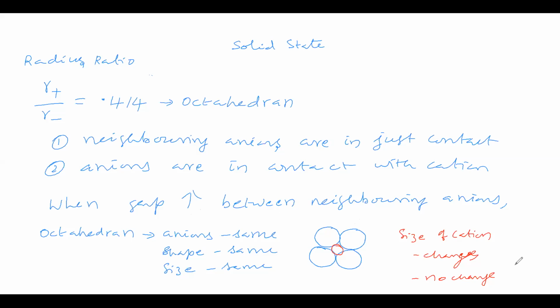So first we will take an octahedron. You are saying the cation size is smaller. Now we will think about it. First we take the octahedron, meaning first we take the anions.